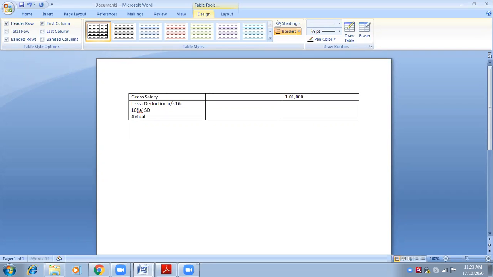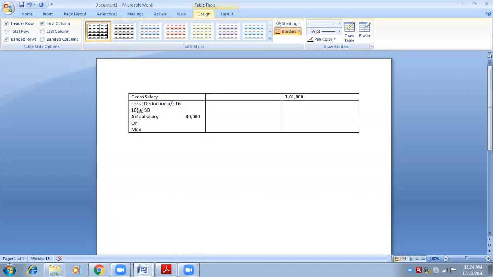Actual salary. What is your actual salary? What is your basic salary? 40,000. So you will write 40,000 first in the particulars column. In the particulars column, you will write this way. 40,000. And in the next line, you will write maximum.